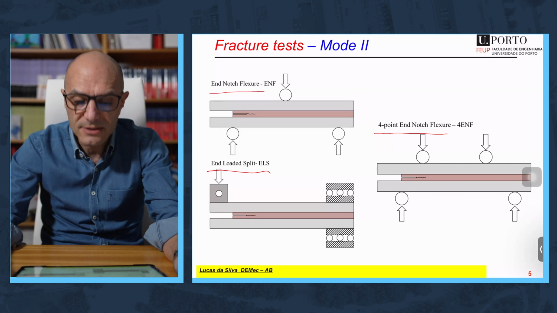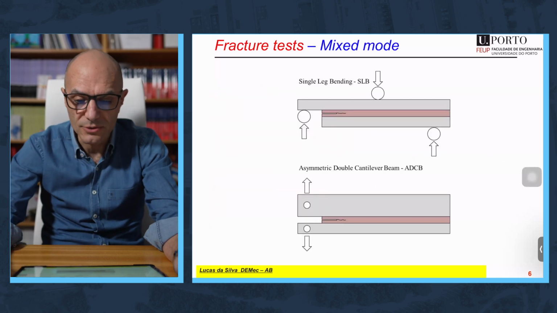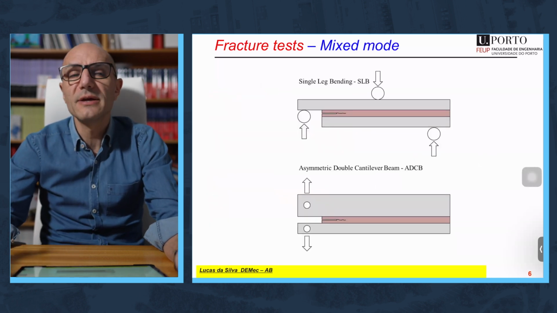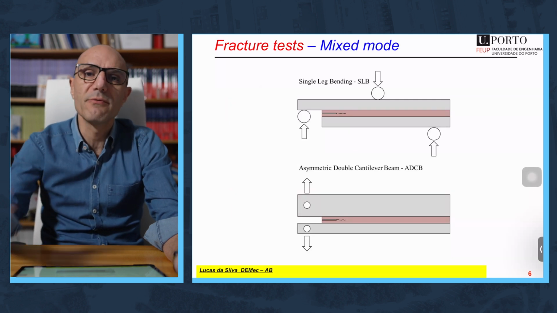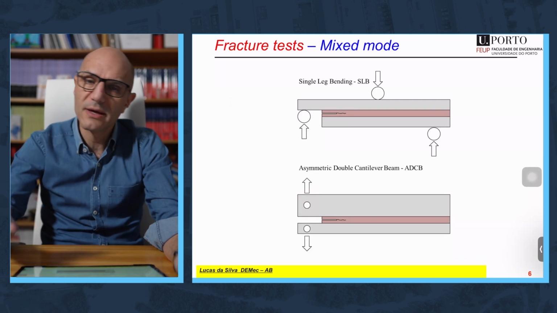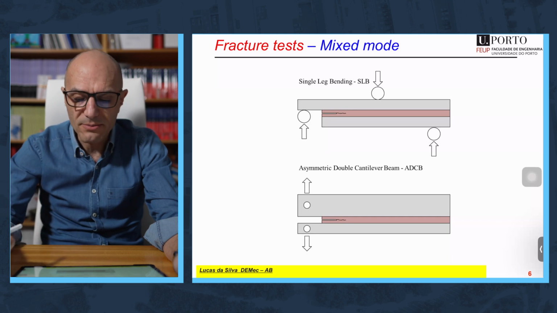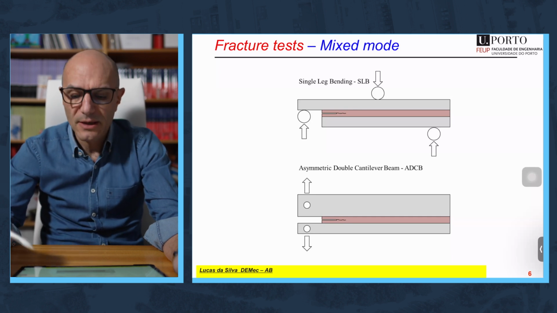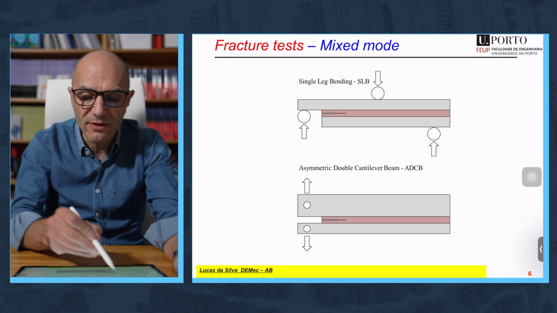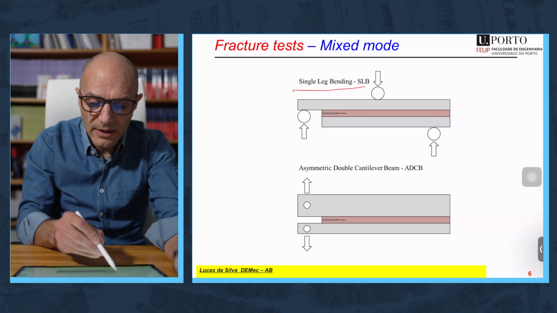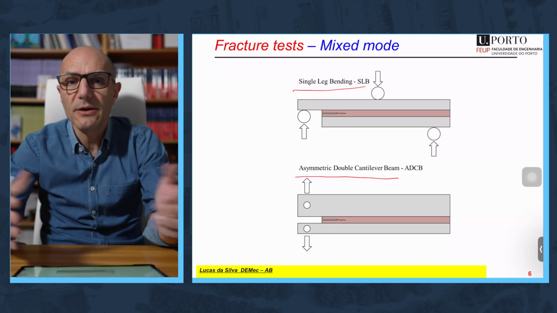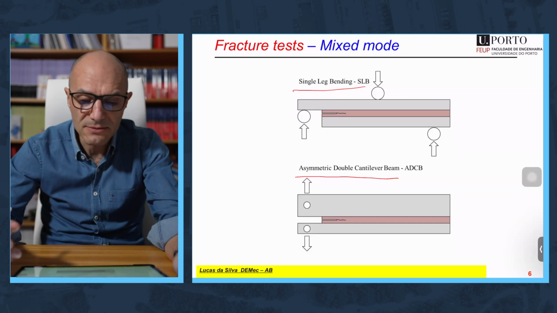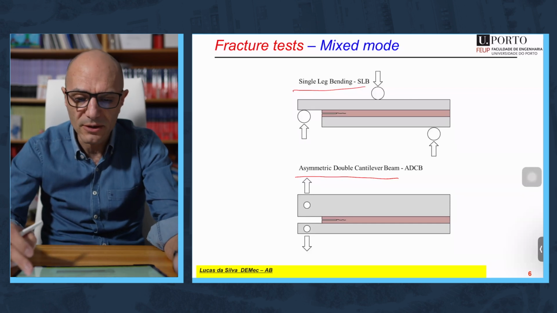But in reality, joints are loaded in mixed mode, a mixture of mode 1 and mode 2. And again, you have some specimens in the literature. You have the single leg bending, the asymmetric double cantilever beam, but there is not a universal specimen for this type of loading conditions.